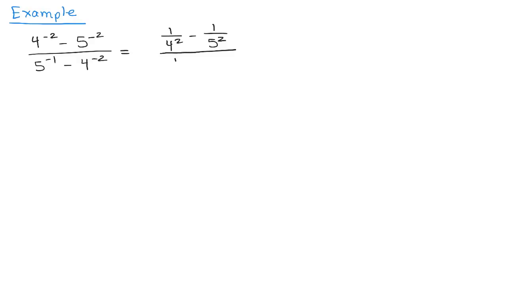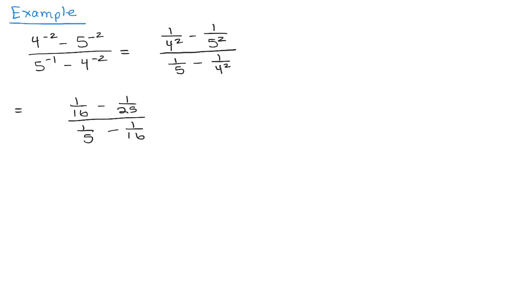And then we have 1 over 5 minus 1 over 4 squared in the denominator. And we could leave those in that form, but let's go ahead and simplify just a little bit further. That's going to be 1/16 minus 1/25 over 1/5 minus 1/16.